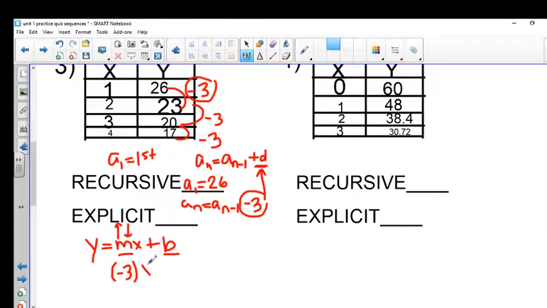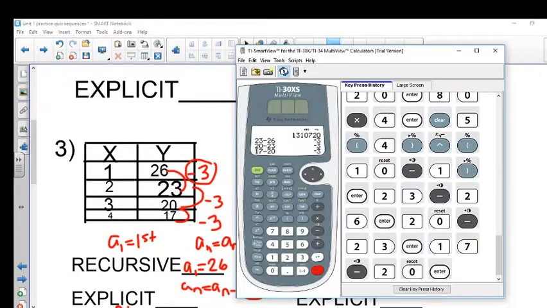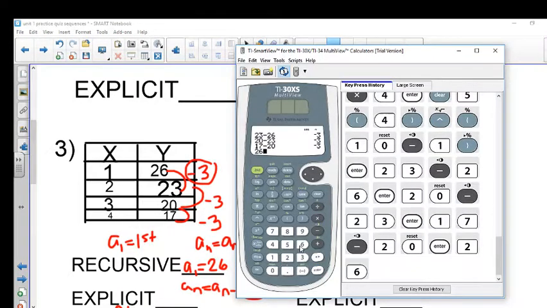And then our x is going to just stay. But this time, we need to know what our b is. Our b is our before term. Before it was 26, what was it? Going this way it had to get bigger, because it's getting smaller going this way. So to get bigger, I have to take my 26 and add 3.